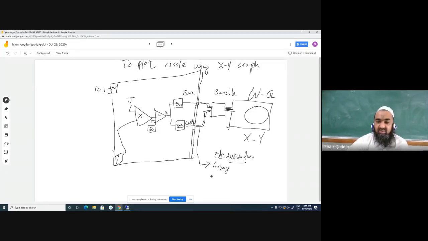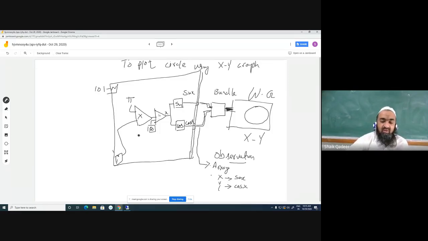First observation. Second observation. To the x-axis, xy graph, one input is sin x and another input is cos x.